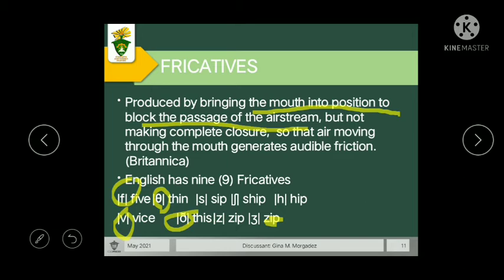The phoneme h is glottal because this sound originates at the glottis. Its articulation is independent of the other articulators such as the tongue or lips. Instead, it is produced by bringing the vocal folds close enough to produce a hissy sound.